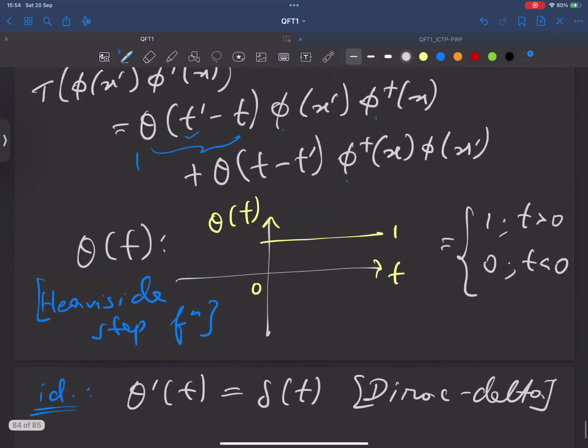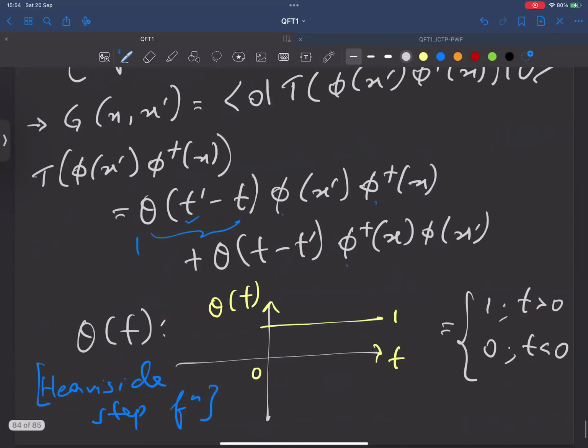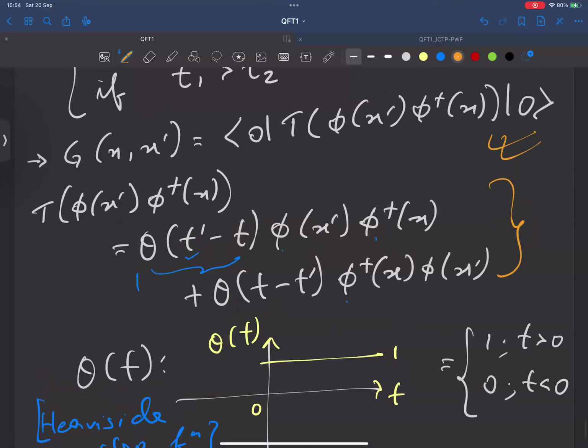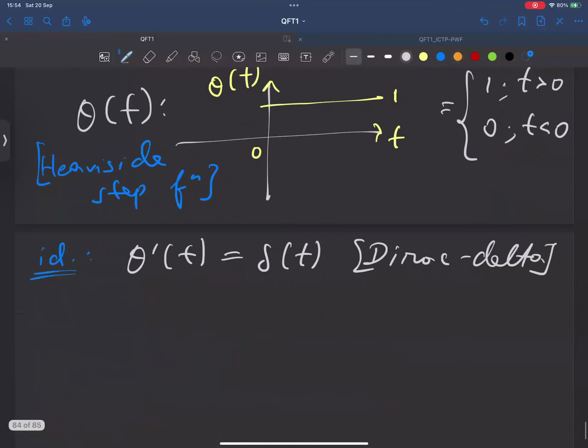So that's the quantity when you expand out the time ordering product using this step function. Now let's compute this quantity G. That's what we will do next.